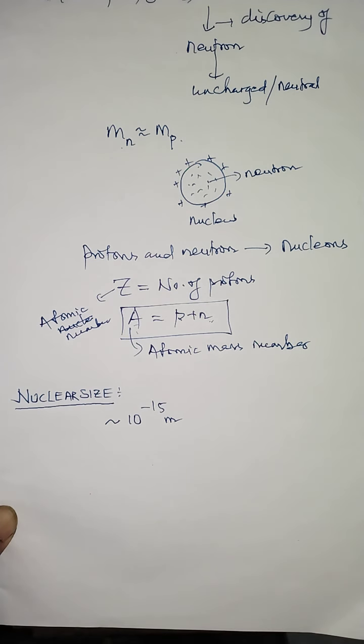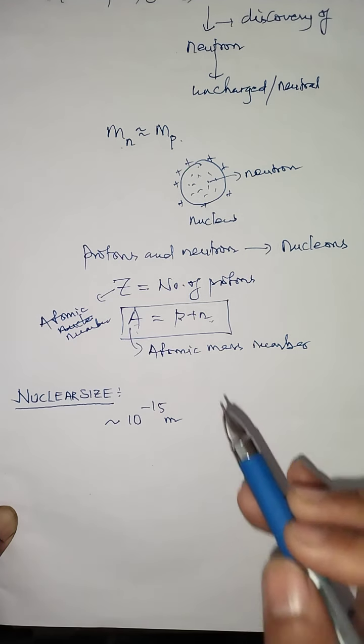Now, many scattering experiments using energetic electrons and neutrons as the scattering particles have been performed to determine the size of the nucleus. And these experiments show that the volume of the nucleus is directly proportional to the number of nucleons in it.